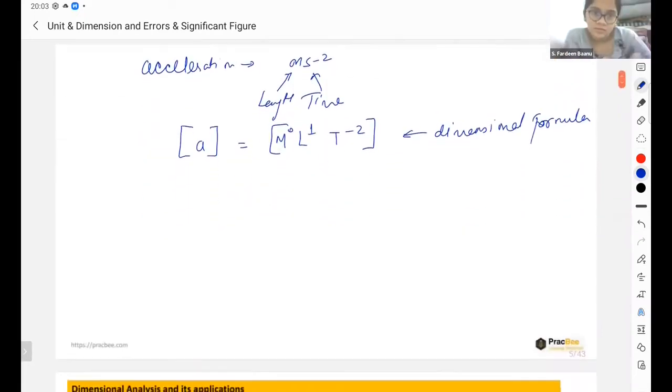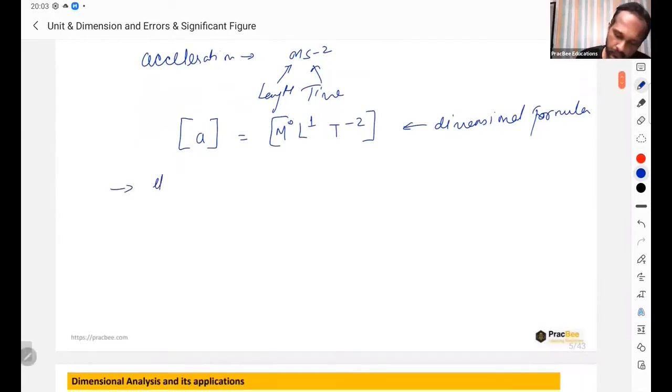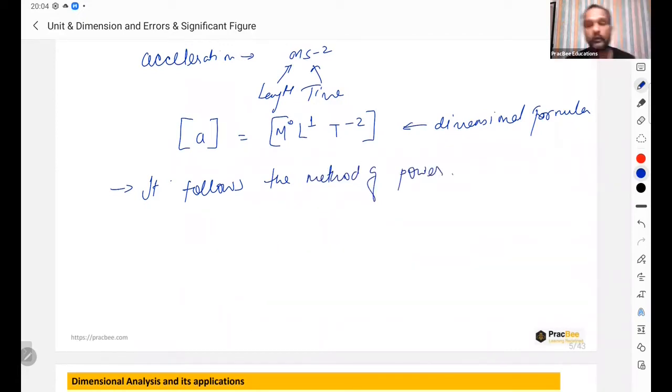See, it follows the method of power. What do I mean by the method of power?